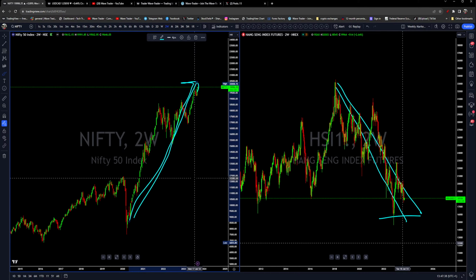What are the Chinese doing right now? They are doing whatever they can to push the property markets up and the equities up, but they are still struggling. On the other hand, the Indian economy is doing really well. Indices just keep pushing higher. It means supply is moving away from China, and you can see that on your charts.